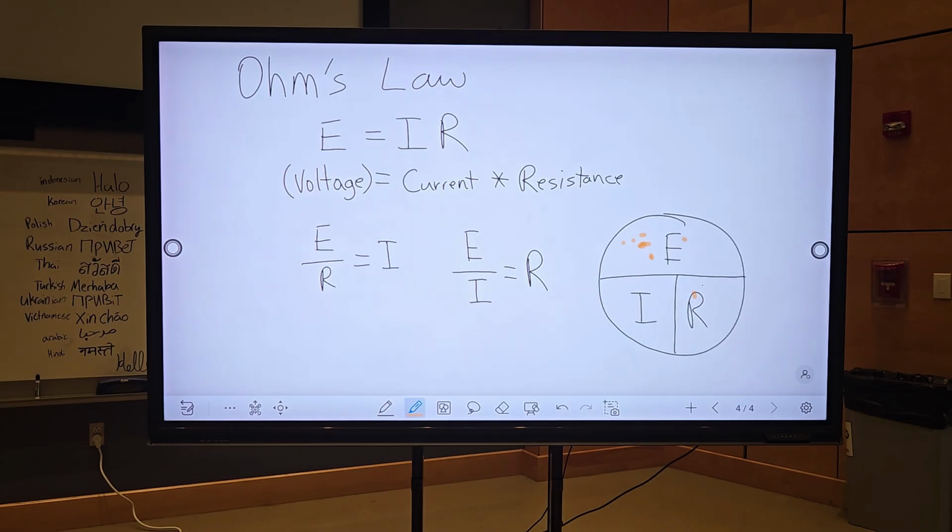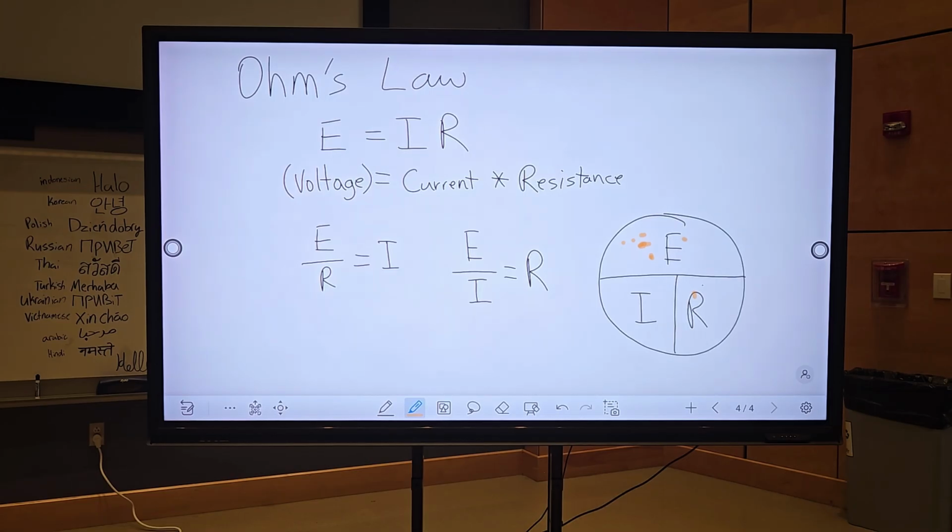But these are the P equals EI or IE, power equals current times voltage, and the E equals IR for Ohm's law. Those are two basic equations that you should have memorized by the time you leave Jackson State, because they are fundamental equations that pop up in all kinds of places.